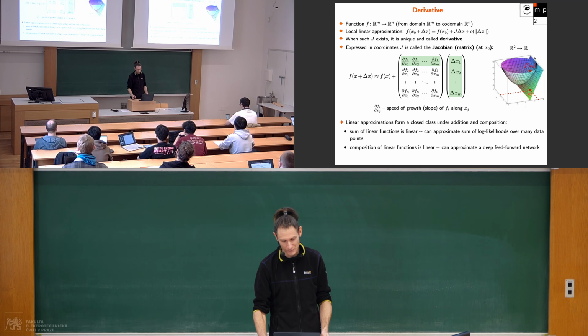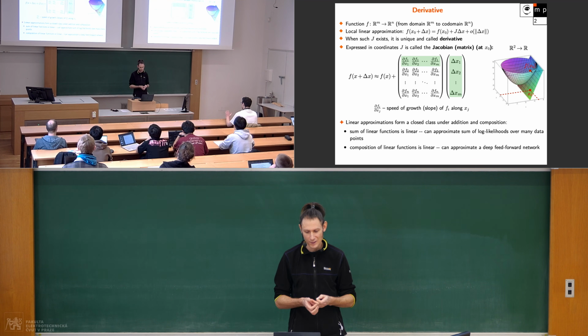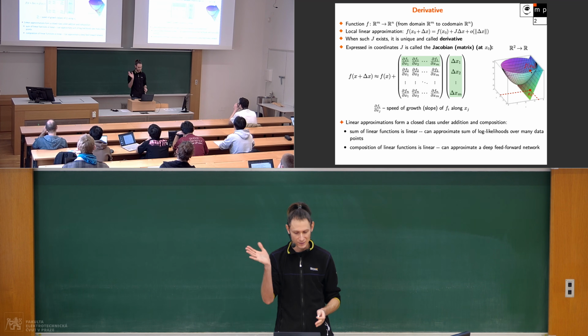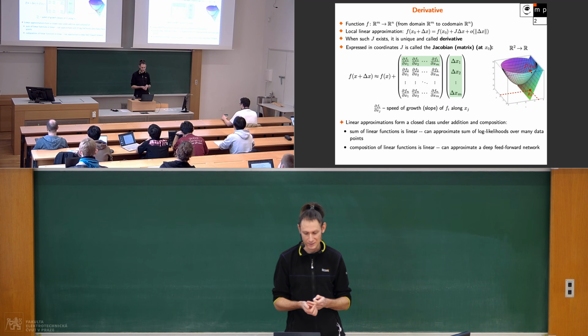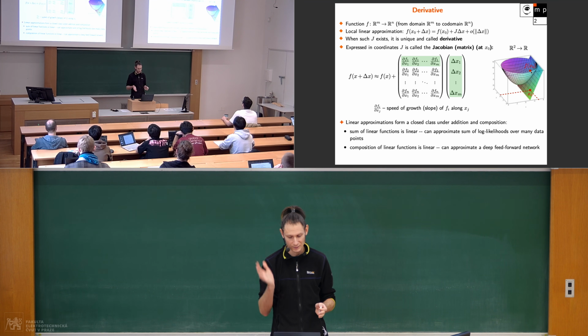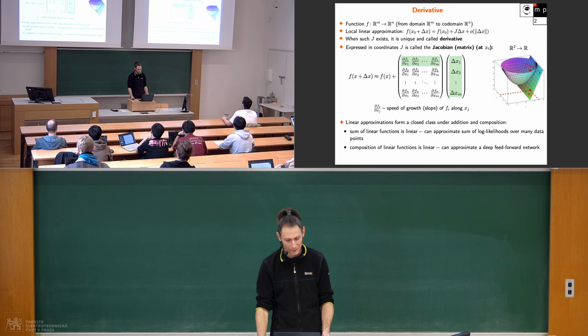The purpose is that we take our function, however complex it was, and around the current point approximate it with a linear function. In this case, it's a hyperplane. And then the slope of this linear function is our derivative.